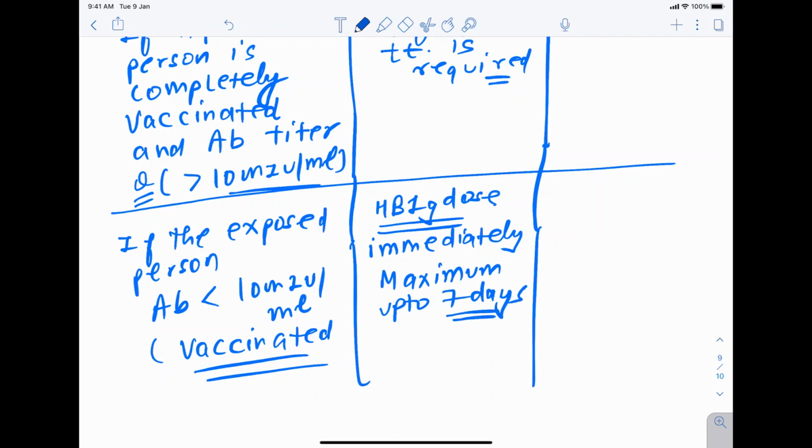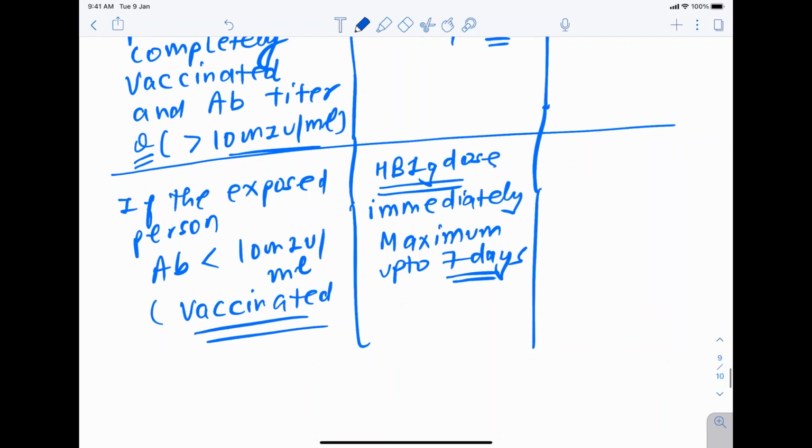So the HBIG dose you have to give immediately, and you can start the vaccine again, that is the second series.